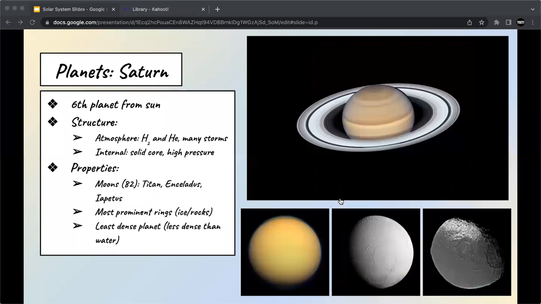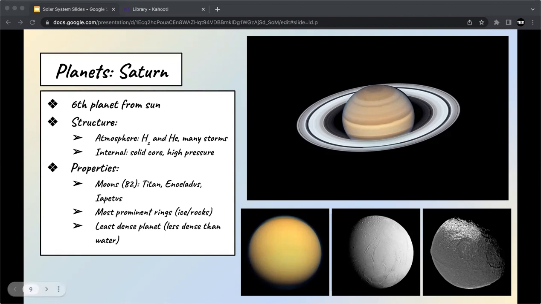So Saturn is the sixth planet from our sun. Again, like Jupiter, there's no surface, but it does have many storms. And just like Jupiter, it's hard to study the core. So some properties, it has 82 known moons, such as Titan, Enceladus, and Iapetus.